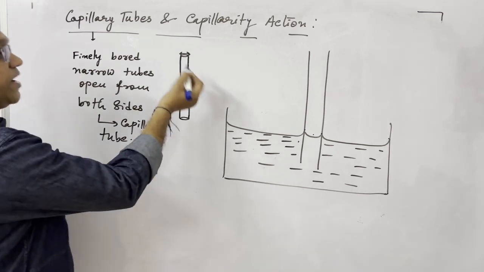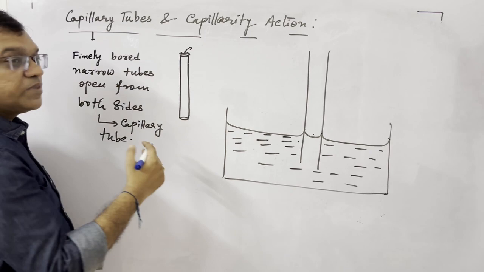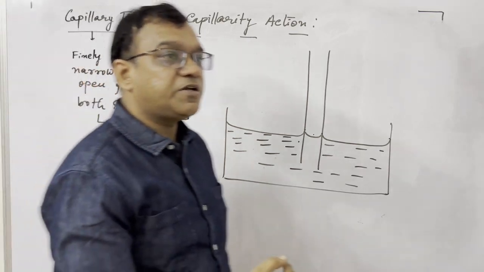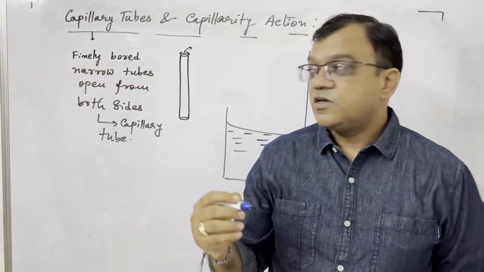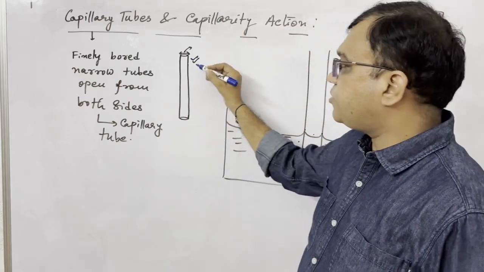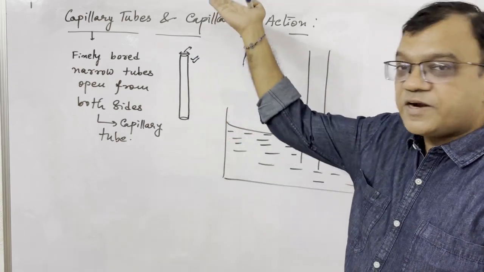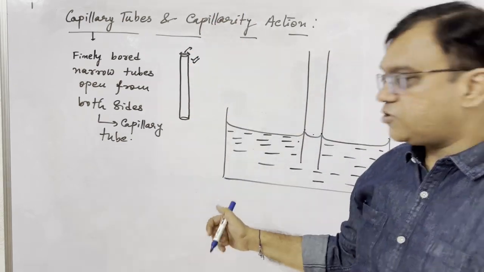Now, why only narrow? Why does this radius have to be small? That we'll see, and what is capillarity action, that also we are seeing. When we dip this type of tube, an open tube, into some liquid, then the liquid will rise in this tube or fall in the tube.